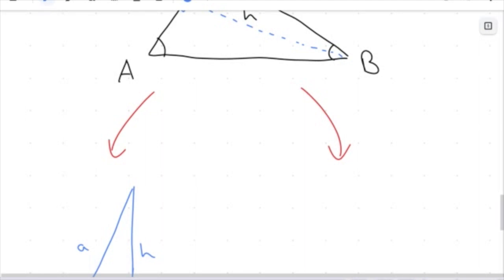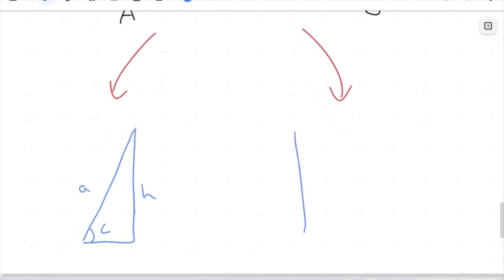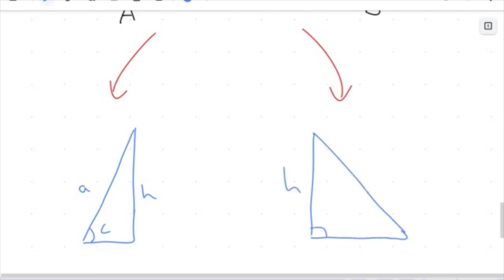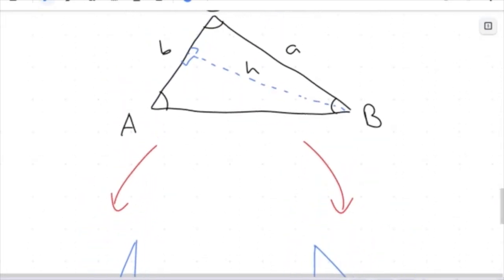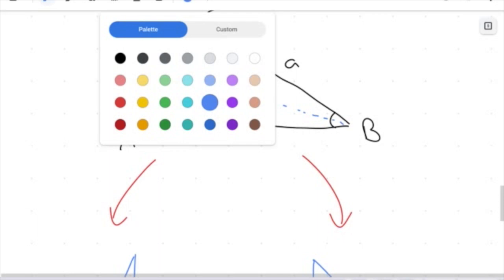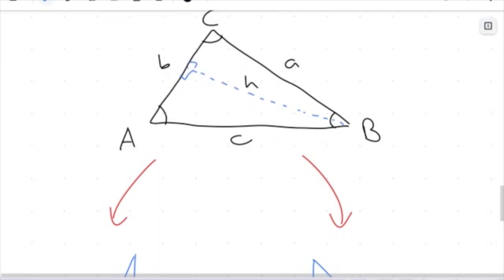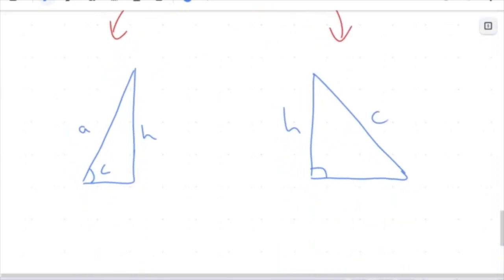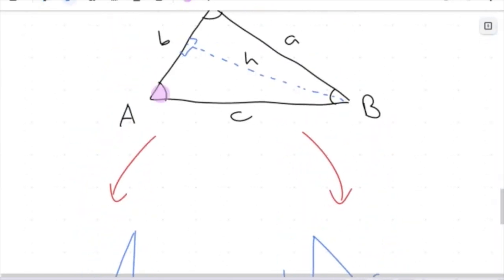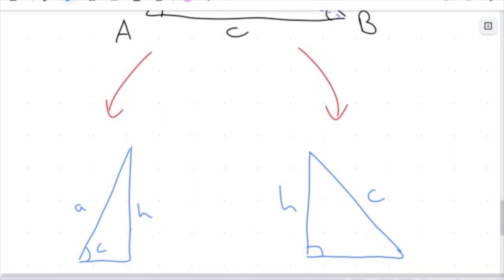And this one here is going to be a similar thing. I have my angle, I have my height, sorry, I forgot a c here. I have a hypotenuse of c, and I have an angle over here of A.